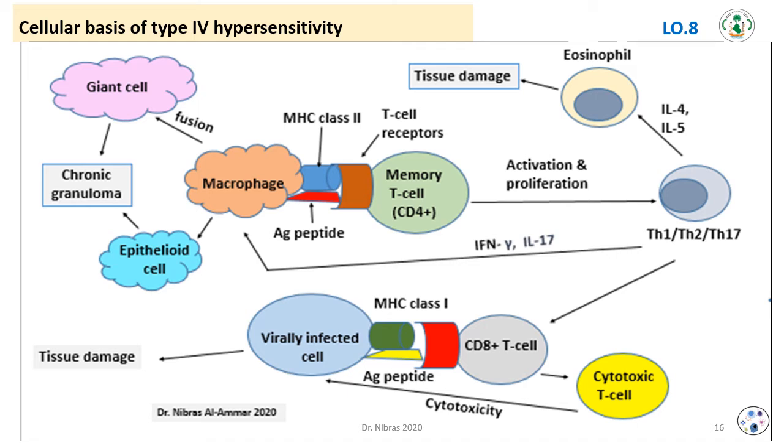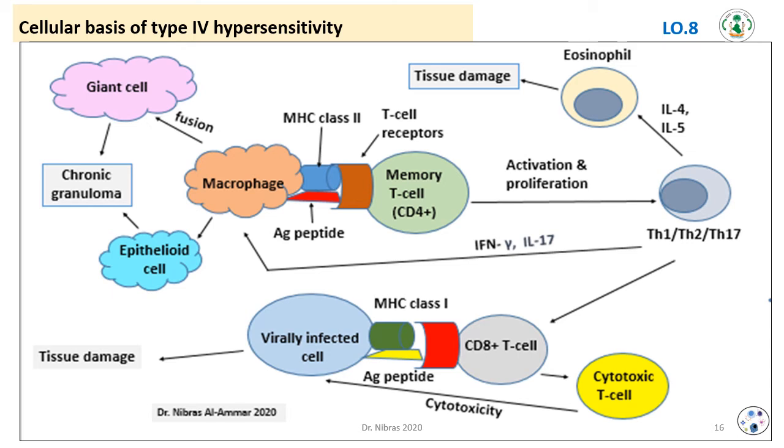When macrophages present the antigen peptide combined in complex with MHC class II to memory T cells, CD4 plus T cells, through binding with T cell receptors, this leads to activation and proliferation of CD4 T cells and differentiation into T helper 1, T helper 2, or T helper 17.